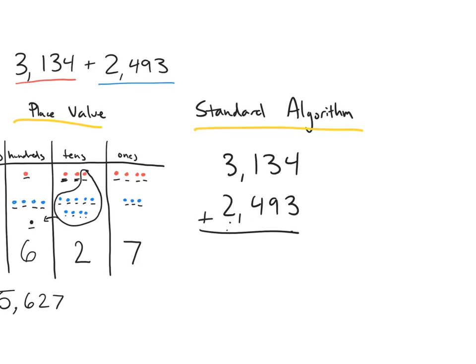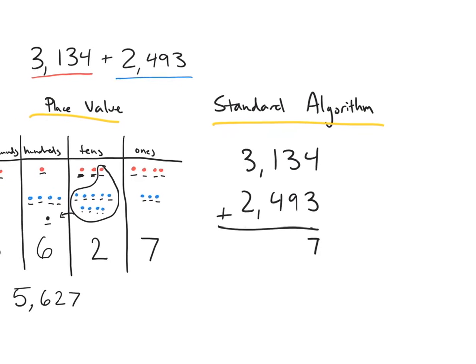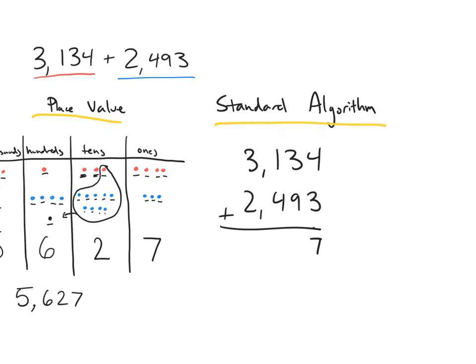And once again, when we're adding these two numbers, we're going to start with the ones place first. So I have 4 ones and 3 ones, that's 7 ones. I have 3 tens and 9 tens, that's 12 tens. So I'm going to regroup one of them into 100, and I'm left with 2 tens.